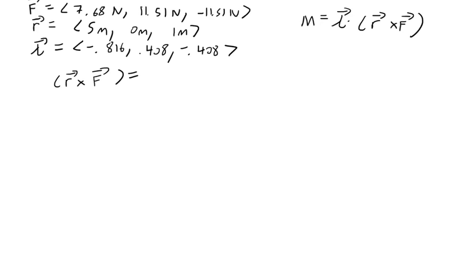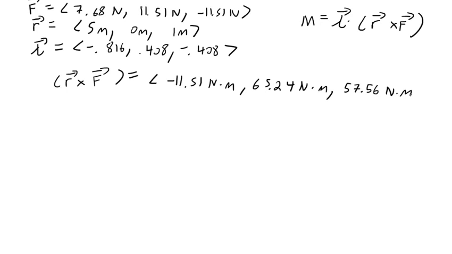Okay, R cross F. I get negative 11.51 Newton meters, comma 65.24 Newton meters, comma 57.56 Newton meters for R cross F.